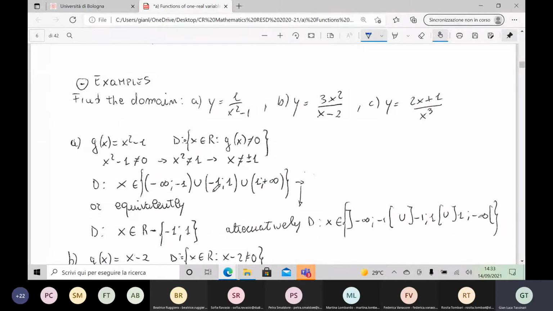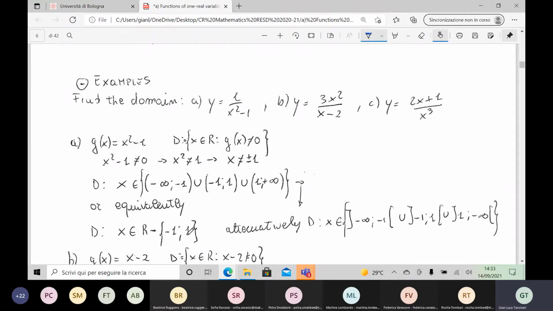As I told you already several times, instead of using these parentheses, you can use the reversed square bracket like I did here, which is the same. Alternatively, there is another way to represent the domain. You can write x belonging to R minus, when you use this notation, this means that the domain is given by all the real numbers with the exception of the set made up by the numbers minus 1 and 1.